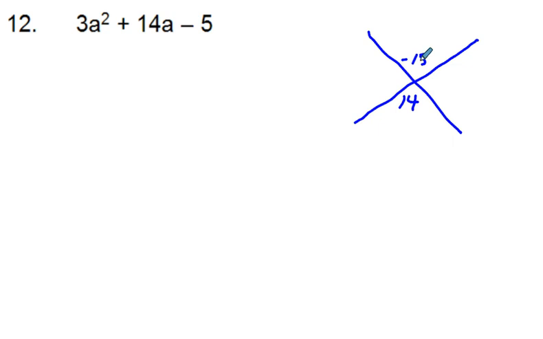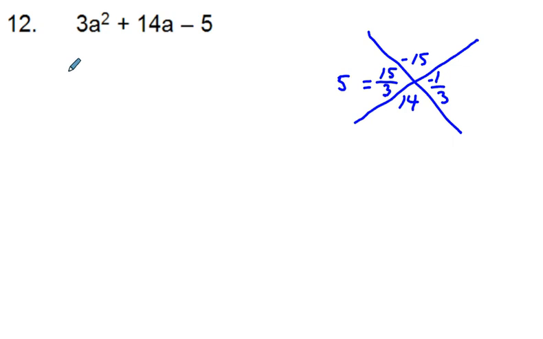What about 15 and 1? I think 15 and 1 is going to be it. And then we have positive 14. So 15 is going to be positive and 1 is going to be negative. Now we divide by A, which is 3. So on the left, we get 15 over 3, which is 5.